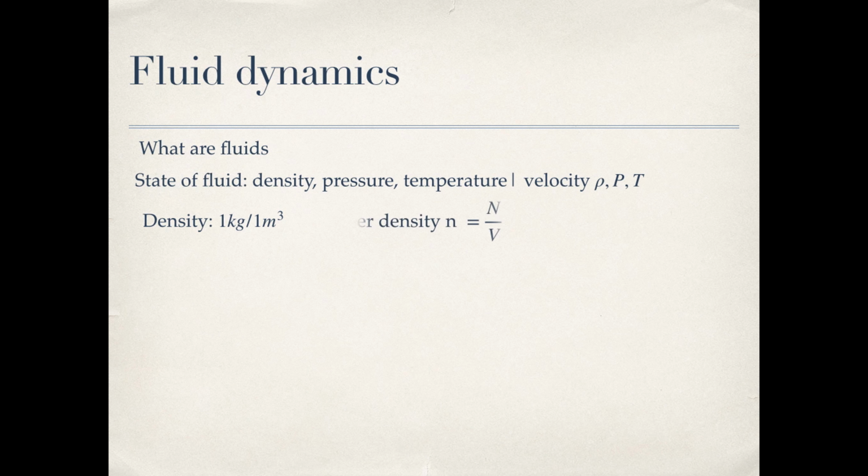In addition to the density, we occasionally also talk about the number density. This is how many particles constituting the liquid can fit into 1 unit of volume, and it is measured in units of 1 over cubic meter. The temperature is measured in degrees Kelvin.